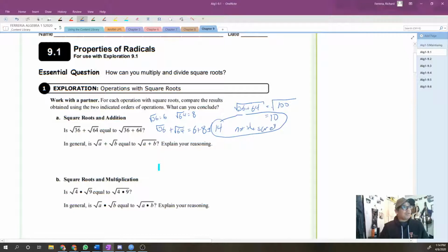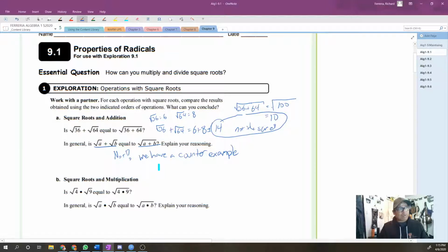Okay, so is radical a plus b the same thing as radical a plus radical b? No, not. And what we're saying is we have a counterexample. Basically, a counterexample is an example that shows the falseness of a hypothesis.